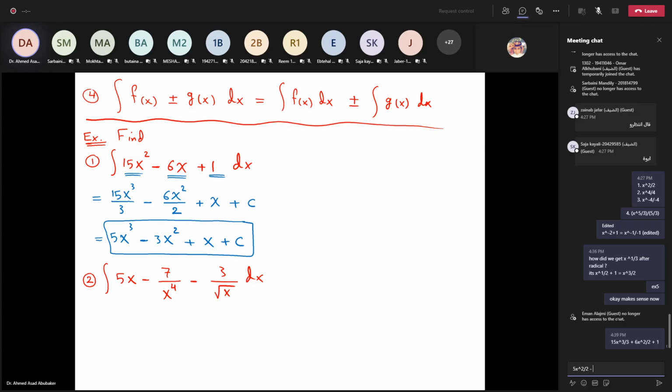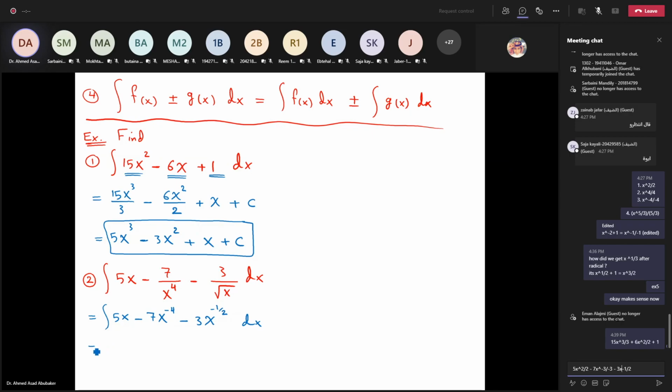The second, firstly, we need to raise the x from the denominator to the numerator. So we have minus 7x to the power negative 4, and for radical x, we have x to the power negative 1 over 2.